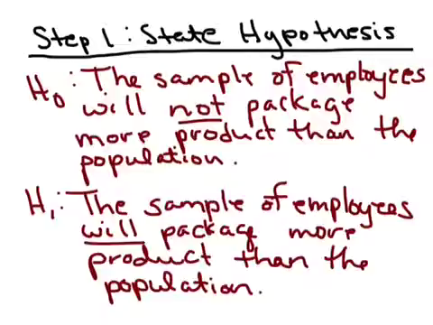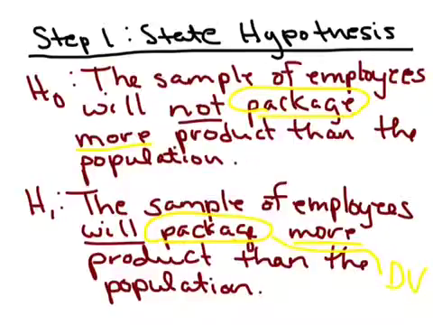A couple of things here are key. We have our direction, which is key. And we have a statement of saying what's going on. Basically, packaging product is our dependent variable.